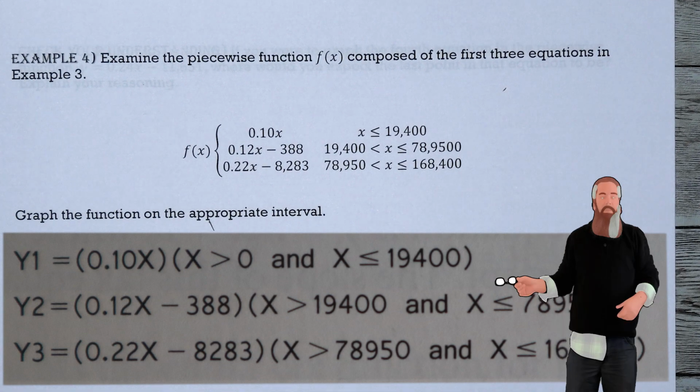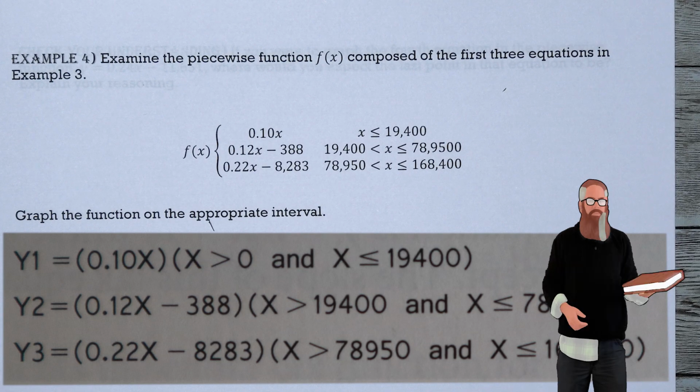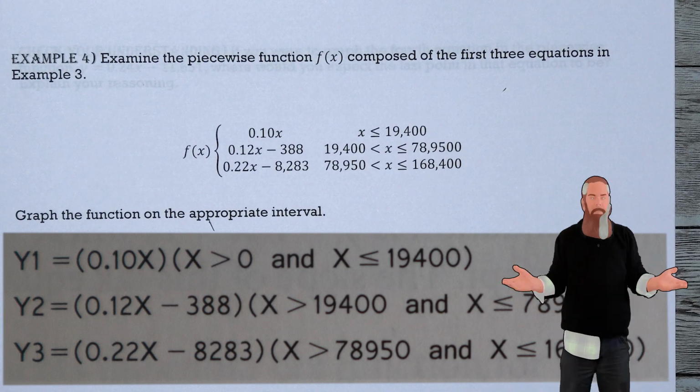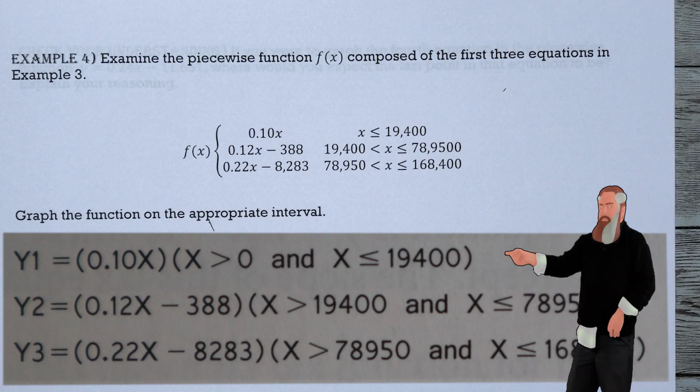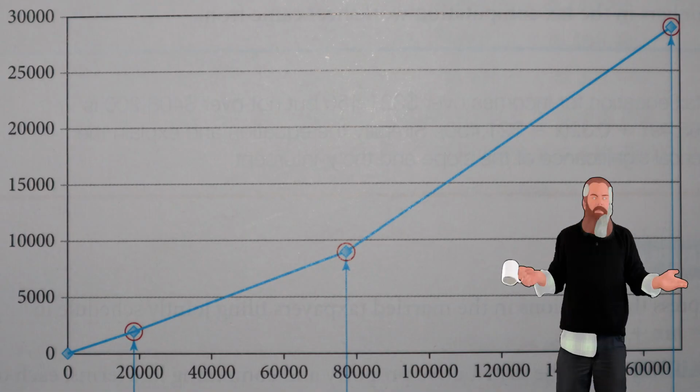Using a window of x min equal 0, x max equals 170,000, x scale 20,000, y minimum equal to 0, y maximum equal to 30,000, and y scale equal to 5,000, the graph is shown.